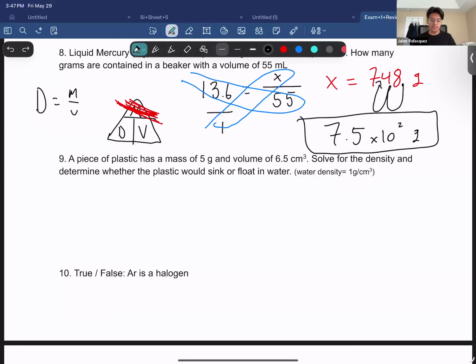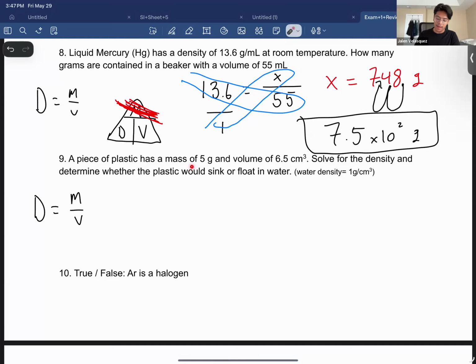We know density is the mass divided by the volume, right? I give you the mass, I give you the volume, so we have to figure out density. So we're just dividing.